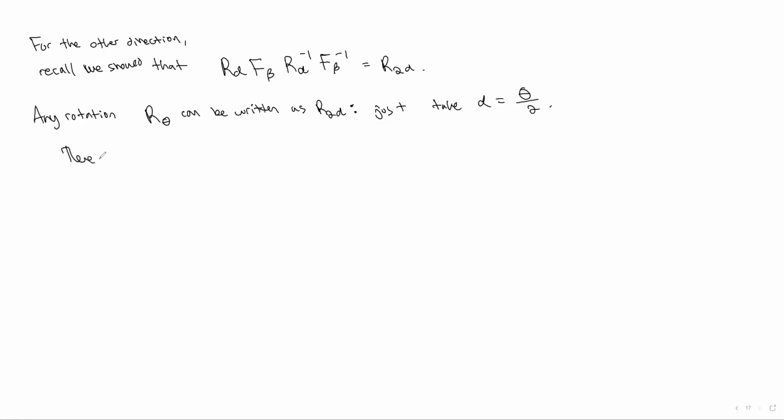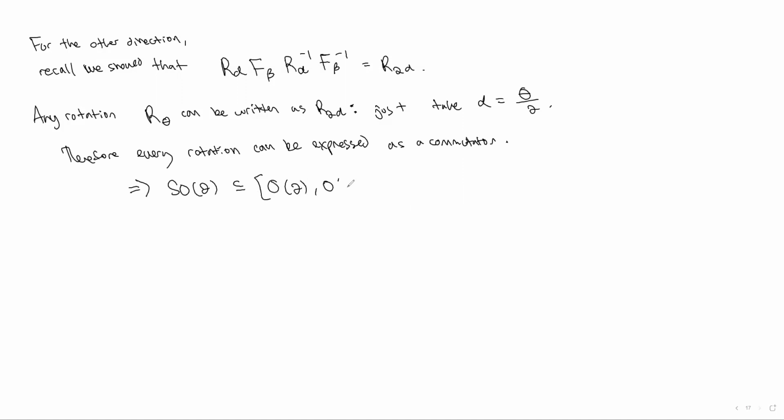Therefore, every rotation can be expressed as a commutator and so every rotation is in the commutator subgroup. And so we have equality.